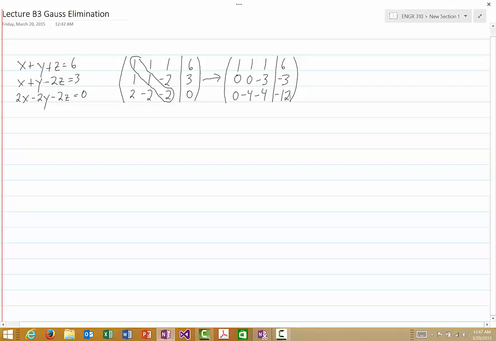Okay. Now, at this point, we have something interesting happening. Again, our goal is to eliminate all the non-zero terms below the main diagonal. Well, here is the main diagonal.